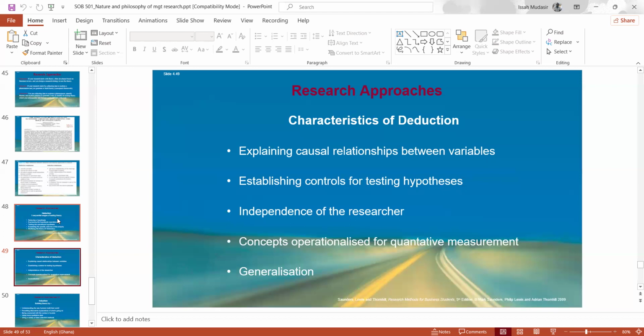Okay? You may be doing a research work where there's no theory. If there's no theory, as a qualitative person, remember I talked about one of the approaches that we looked at in terms of the methodology. I talked about what? Grounded theory.